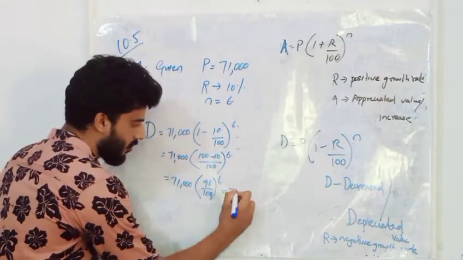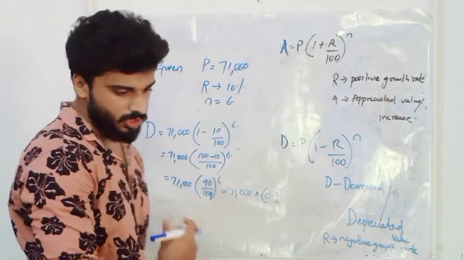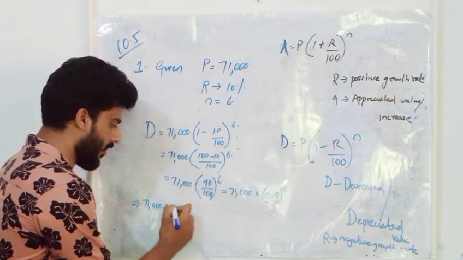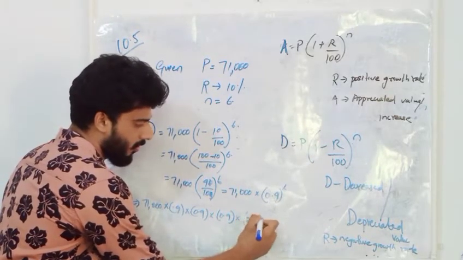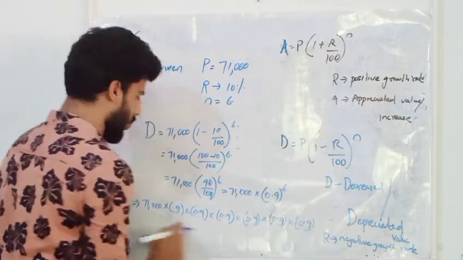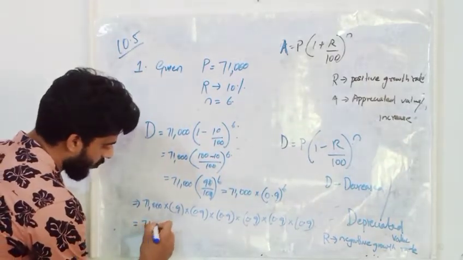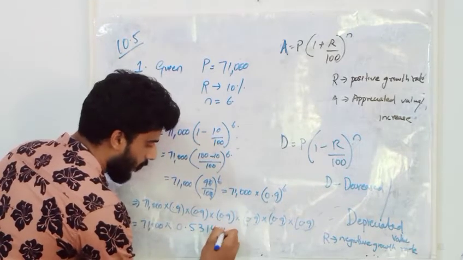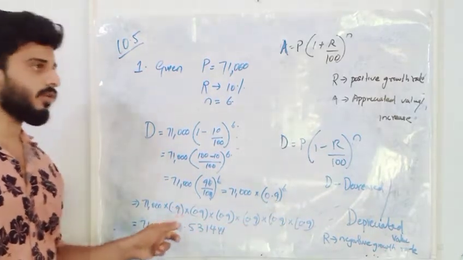So 71,000 into 0.9 whole raised to 6. It will be 71,000 into 0.9 into 0.9 into 0.9 into 0.9 into 0.9 into 0.9, that is, 0.9 multiplied 6 times. The answer of this part will be 0.531441. This is the total multiplied answer of 0.9 multiplied 6 times.